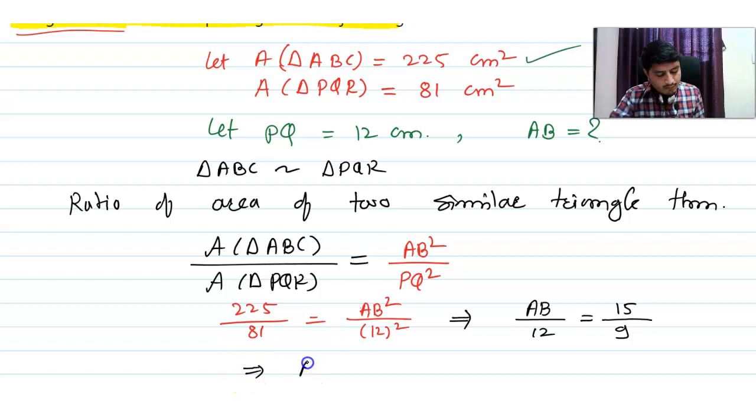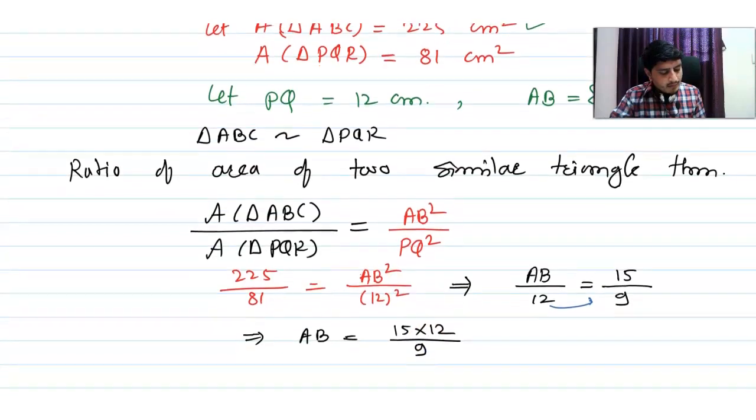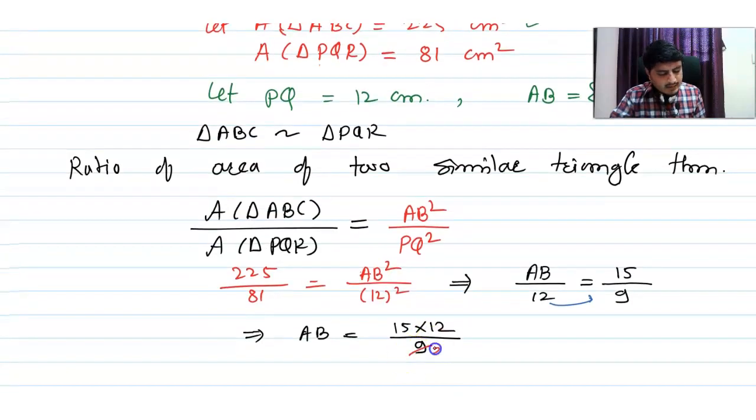Now to evaluate the value of AB, shift 12 from LHS to RHS, so we get AB equals 15 into 12 divided by 9. Now we know 3 3s are 9, 3 5s are 15, and 3 1s are 3, 3 4s are 12. So we remain with 5 into 4 divided by 1, that means 5 into 4 is 20. Unit is centimeter.